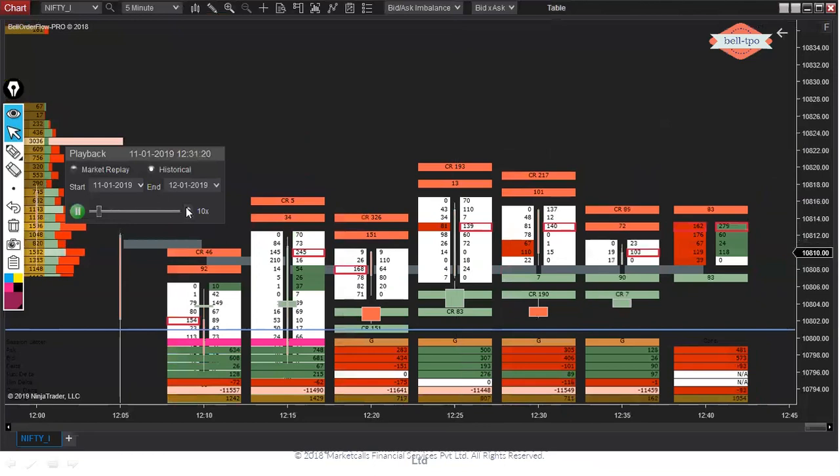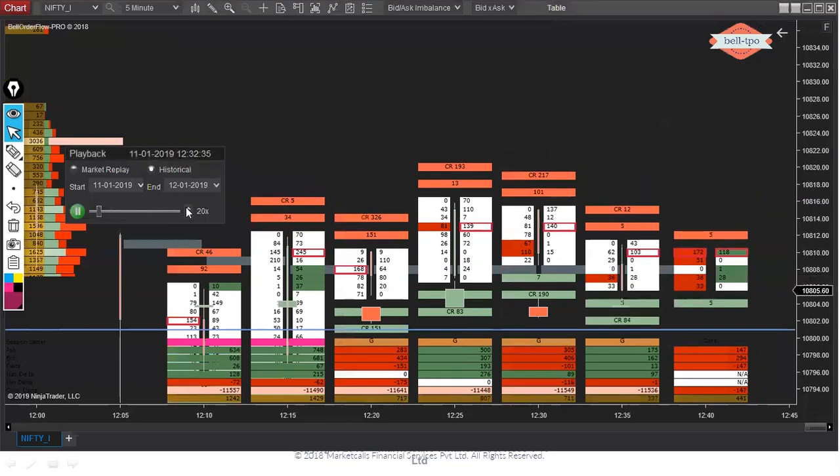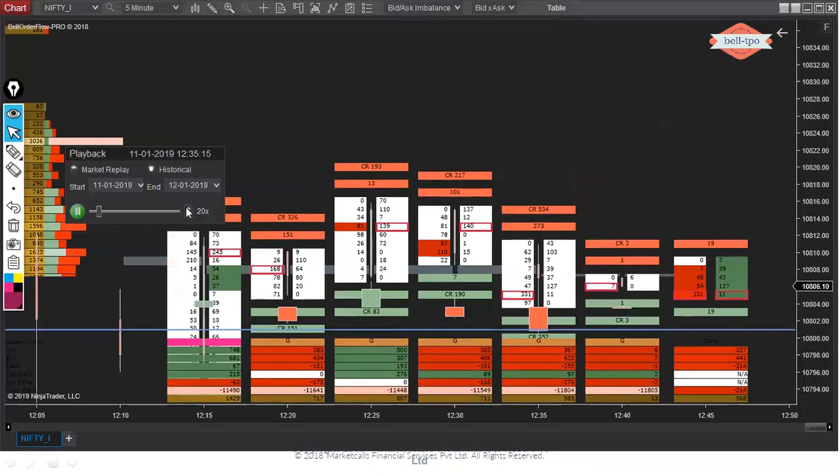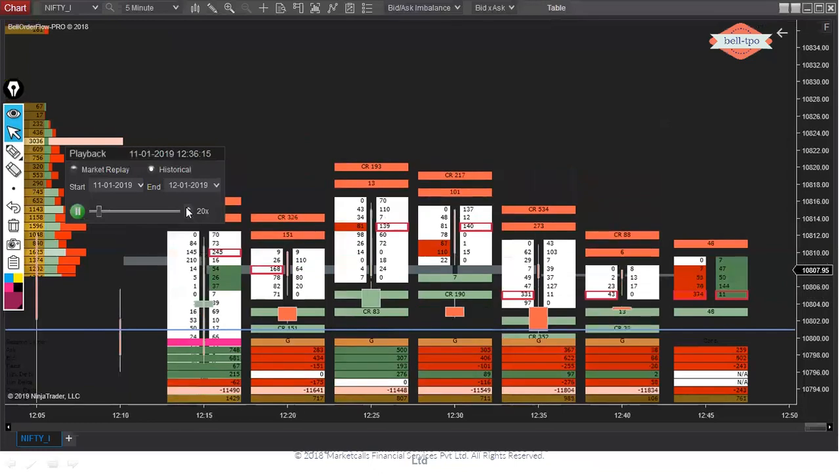Let me make it faster here. Let me increase the auction speed to 20x. So we are watching at 20 times speed, which means every second, 20 seconds of market activity is moving.